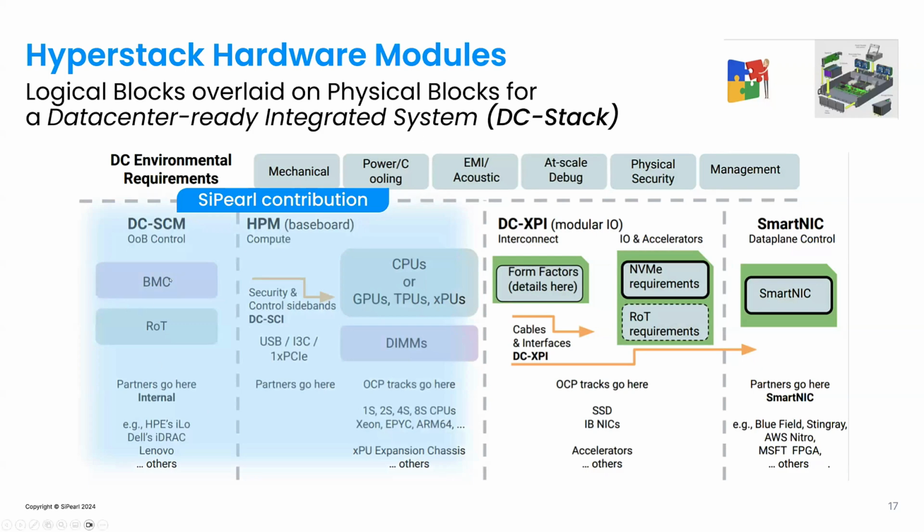In the first part, we are not the leader; we work with a partner to provide the data center security and control module. On the second part, the HPM, the host processor module, we are more of a leader, where we will provide the HPM using our CPU, combined with a GPU or TPU or XPU. So here is what we have so far for Riser.